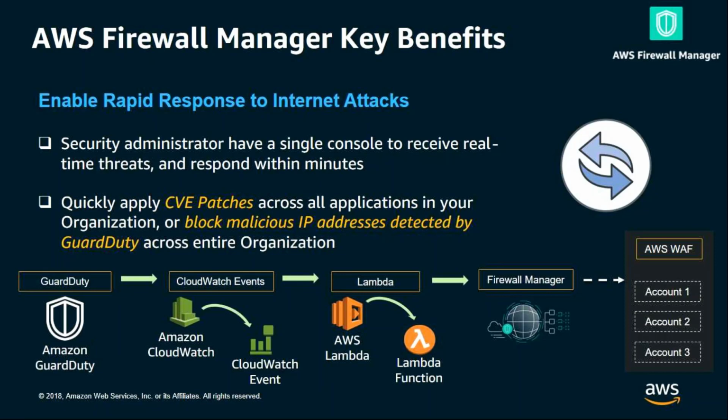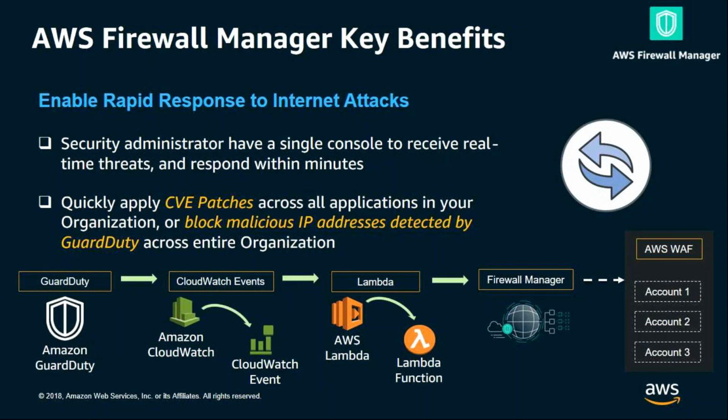So in those cases, you can simply use Firewall Manager, which gives you one place to apply that particular remediation. And this is a workflow that you can use to simply consume GuardDuty findings, which are delivered to you via CloudWatch events, and automatically consume those via Lambda and add those IP addresses in those findings to Firewall Manager, which automatically uses AWS WAF to block those IP addresses everywhere across all your accounts.